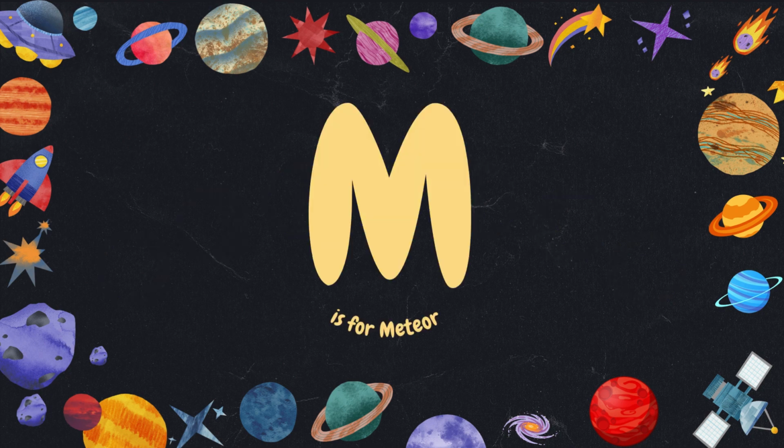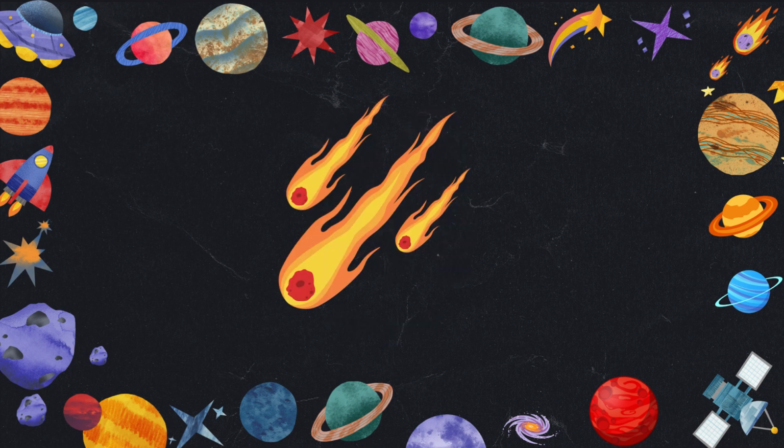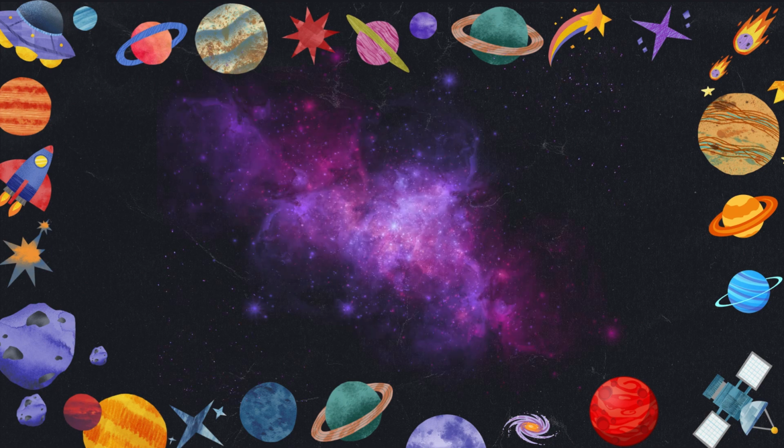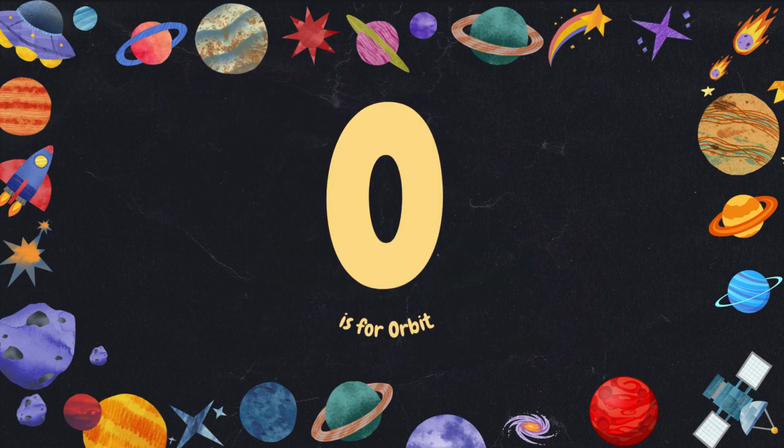M is for meteor. N is for nebula. O is for orbit.